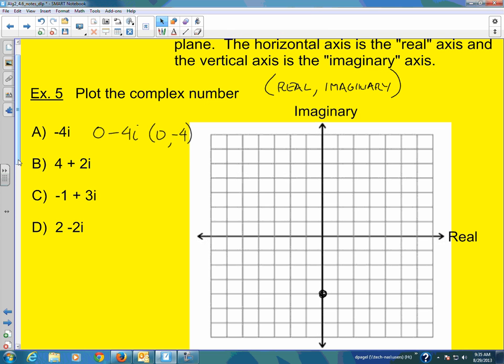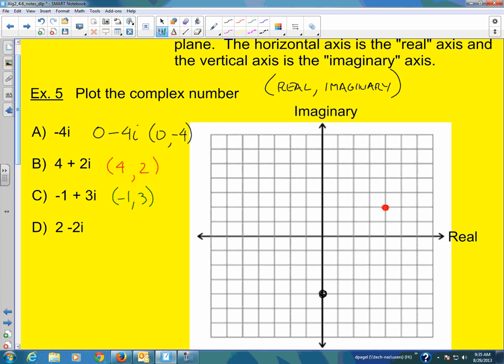4 plus 2i. Think about the real and the imaginary parts. They tell me to go on the real axis right 4, and on the imaginary axis up 2. So there's 4, 2. Negative 1 plus 3i, that's negative 1, 3.